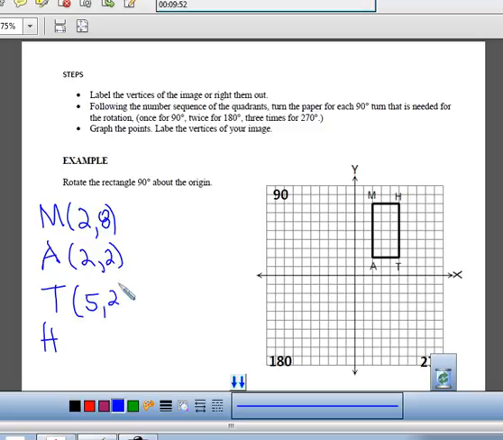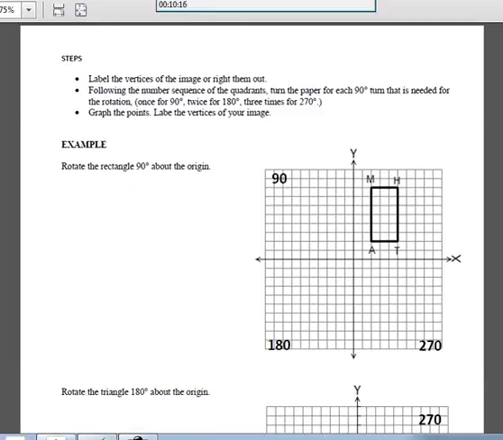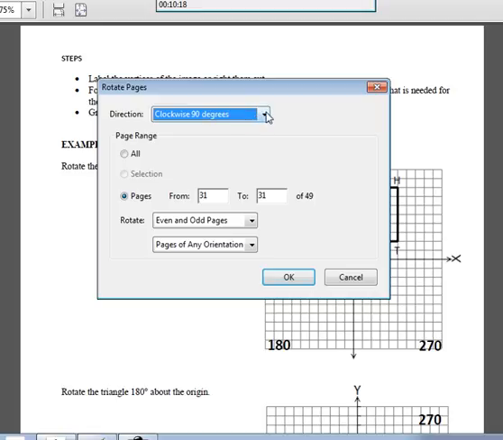And H is located at 5, 8. Now, we are going to use some arrow notation, and we're going to do our image, M prime, A prime, T prime, H prime. Now, let me clear the screen and rotate the page for you, 90 degrees.